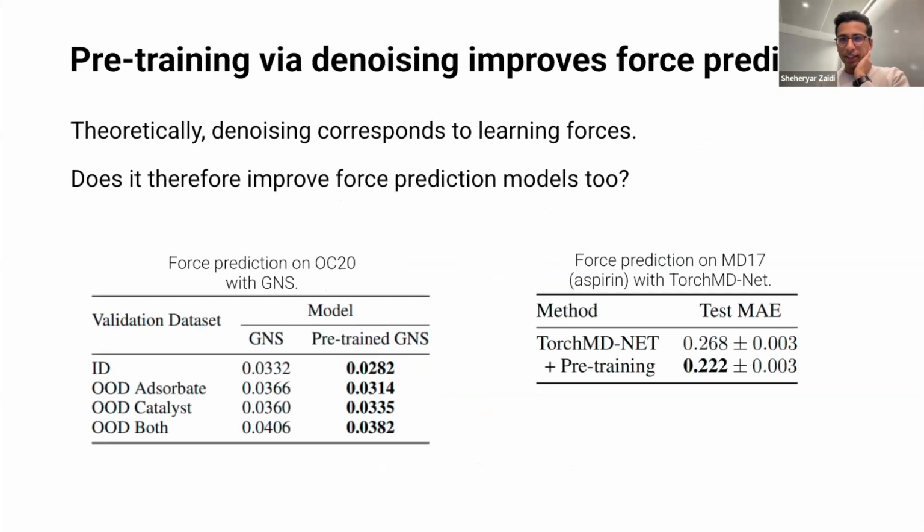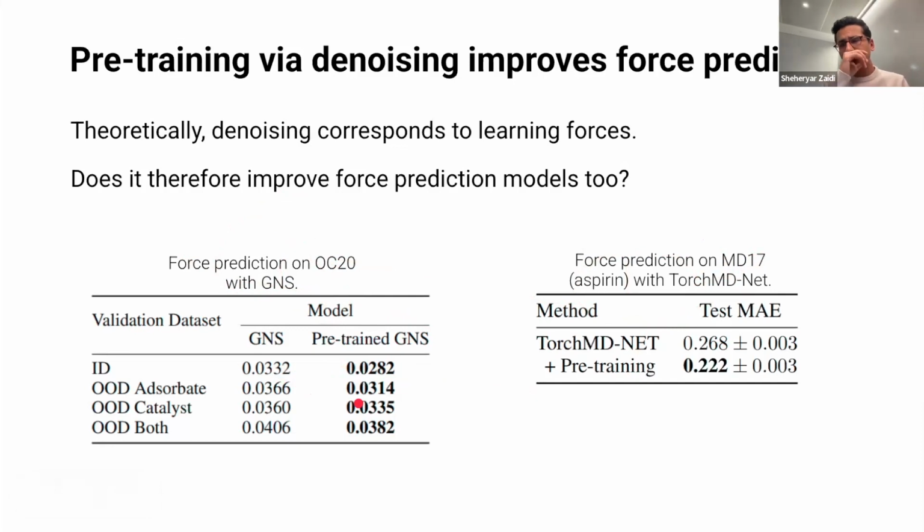And then last thing, we briefly checked out whether you can improve force prediction. I talked a lot about denoising being similar to learning the force landscape. And so we tried force prediction with OpenCatalyst 2020, as well as force prediction on MD17. We generally found that you see an improvement on the force side of things as well, which is what you would expect, because denoising in one way is force prediction.